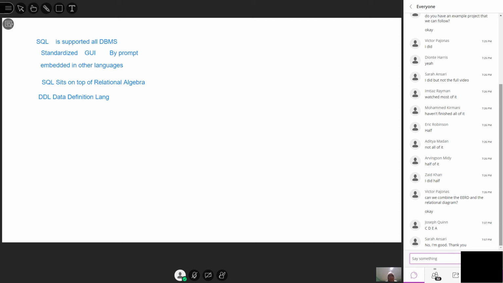That's why it's called data definition language. It is also called data manipulation language. Why? Because we will be able to manipulate our data using SQL.